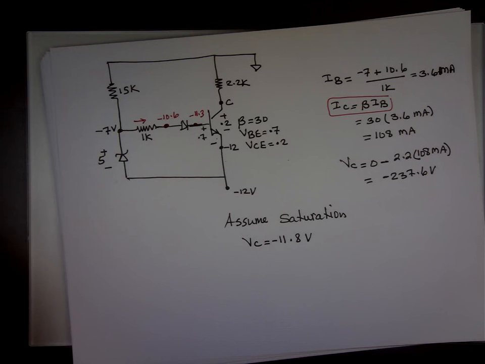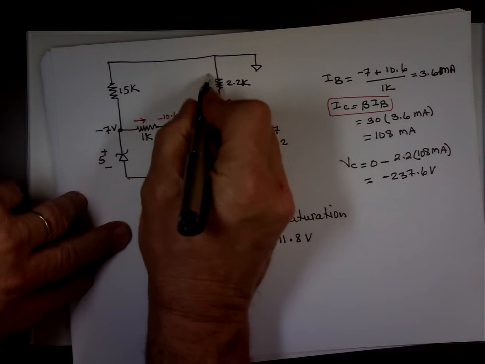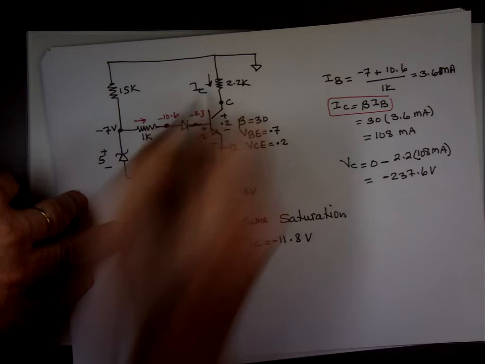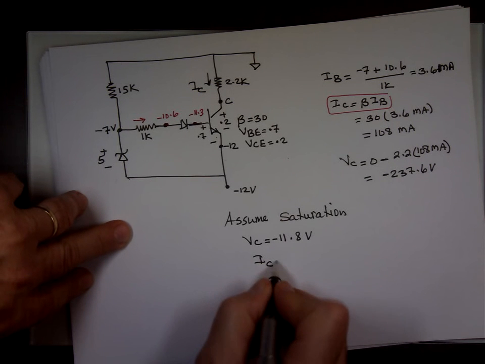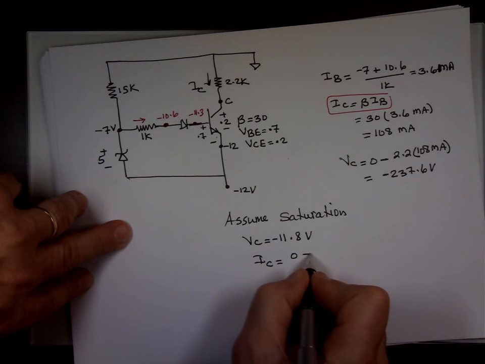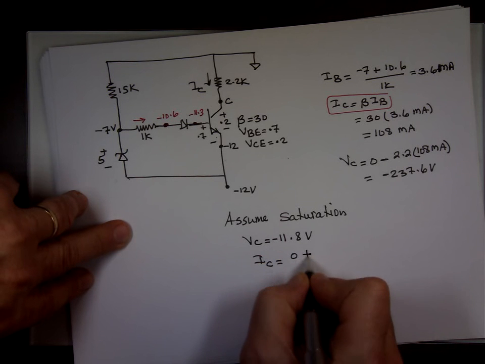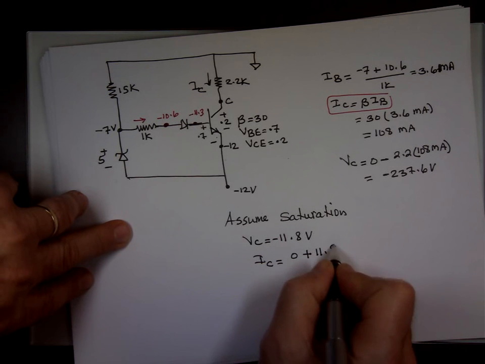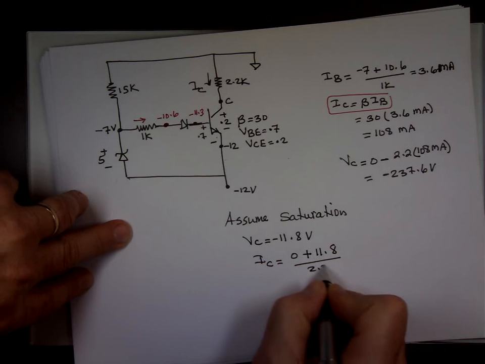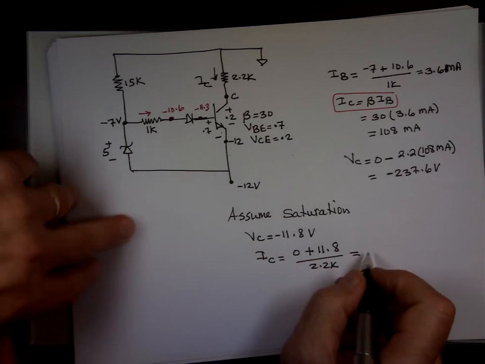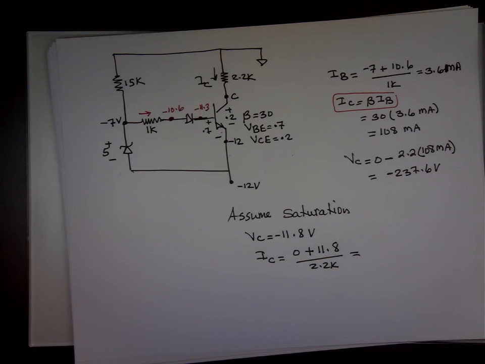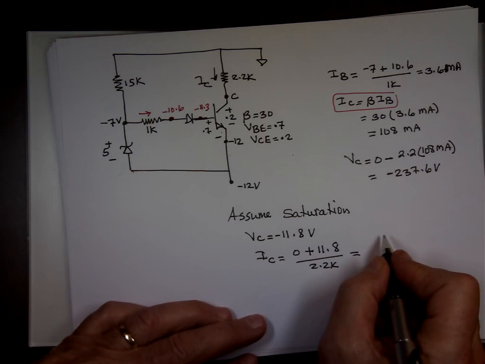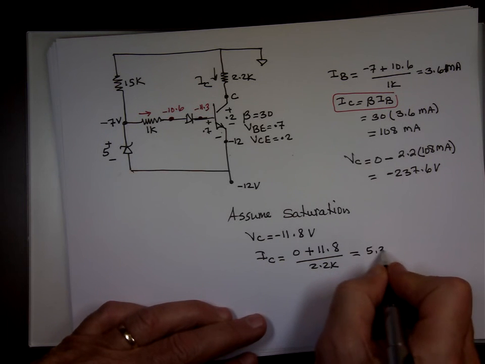So what is I sub C coming down? I sub C is going to equal 0 minus a minus, which will make it a plus. So what is 11.8 divided by 2.2? That's 5.36 milliamp.